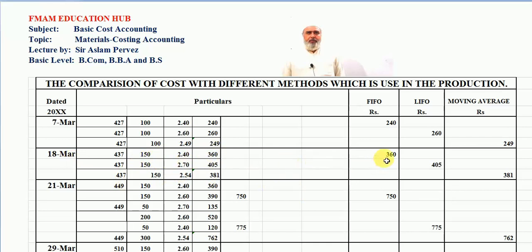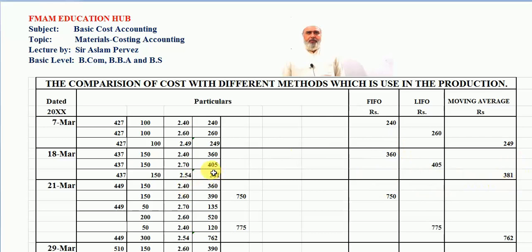The FIFO cost is 360 rupees. The LIFO cost is 405 rupees. The moving average cost is 381 rupees here. You are looking again here, the costs are different.